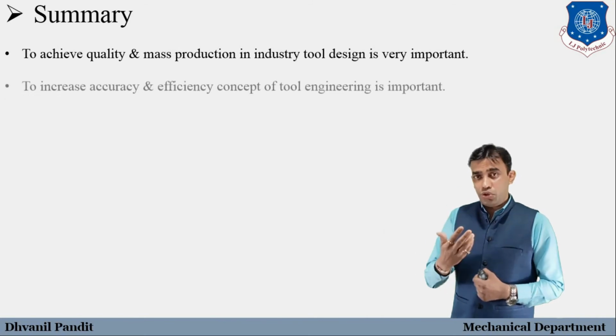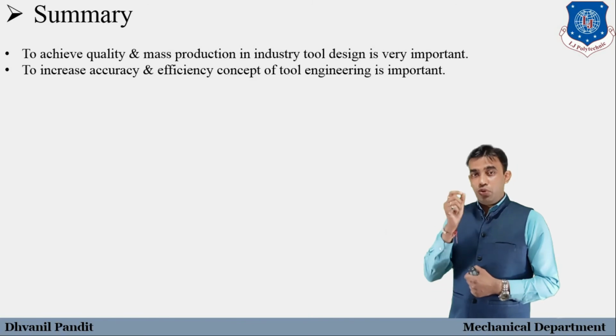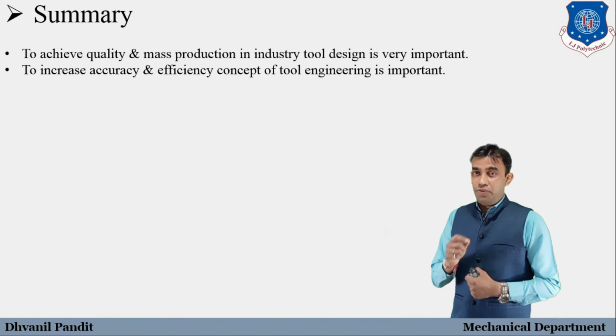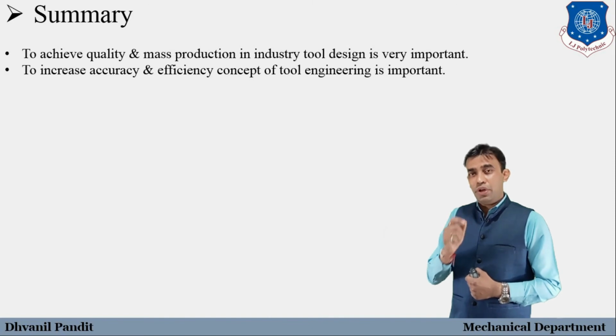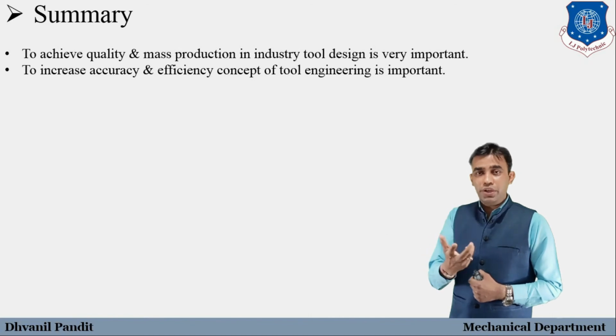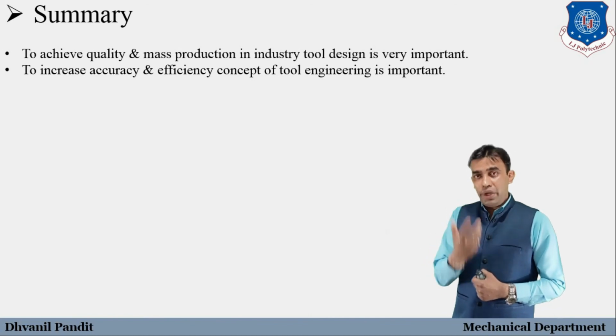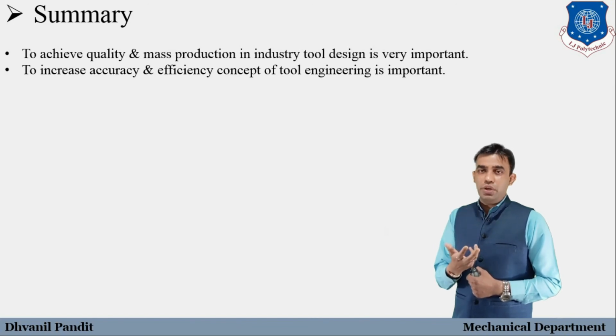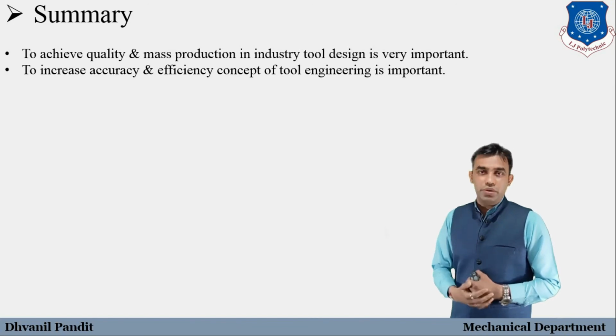And in continuation, to increase accuracy and efficiency in the industry, efficiency is very important, but we also have to maintain accuracy, and we have to produce and provide quality to the customers. So to maintain accuracy and efficiency, the concept of tool engineering is quite important.